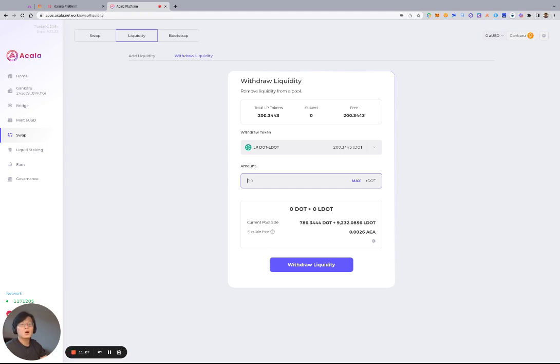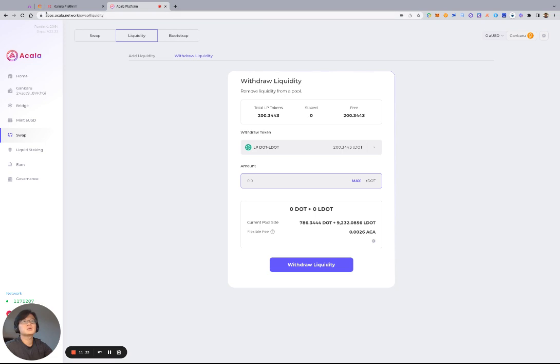So again, we are looking to make tDOT one of the most adopted, as well as the unified standard for staking derivatives as well as crowdloan derivatives across the entire Polkadot ecosystem. The game plan is to also deploy the tDOT module onto other parachains. That's something that we're also working on.